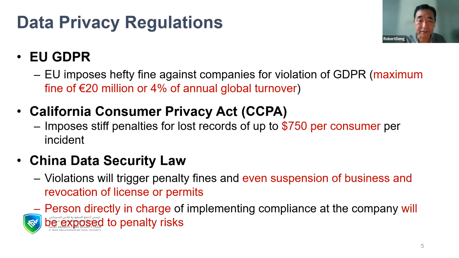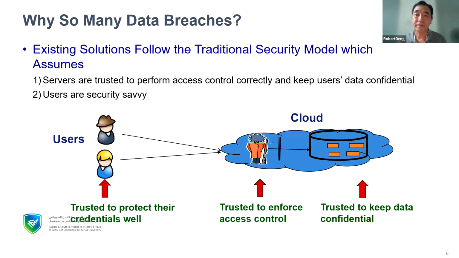Also, the person in charge of implementing compliance will be personally responsible and has to take a personal penalty risk. So those, as I mentioned, are the main drivers for data security solutions or technologies in the cloud.